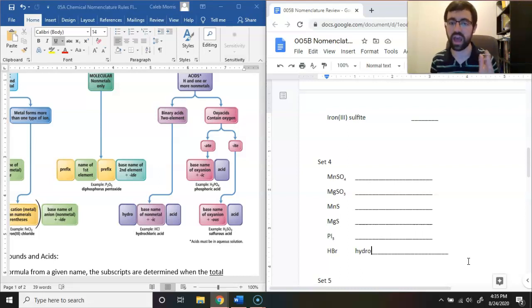So we replace the "ide" at the end with "ic," and we always put hydro at the beginning if it's a binary acid, or if the second ion would have actually been an "ide" ion. So this is hydro, and then brom, because it's bromine, ic, acid: hydrobromic acid.